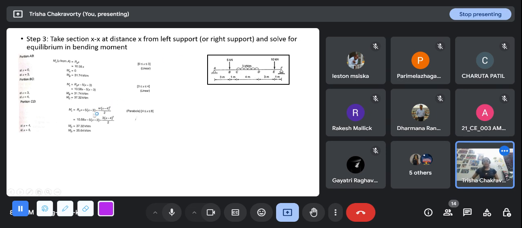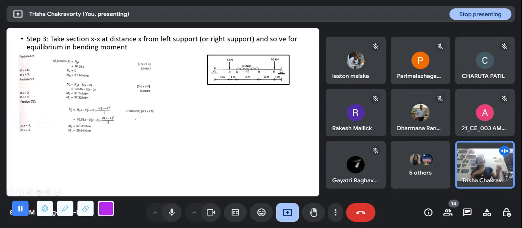Now what we do is, this is 4 meter. So this 4 meter is not relevant here anymore. If I am at a distance here, x minus 4 is the amount of uniformly distributed load we have encountered so far. So if I want to take the moment of this part about a point here, we are going to take the magnitude of the force lumped at its midpoint.